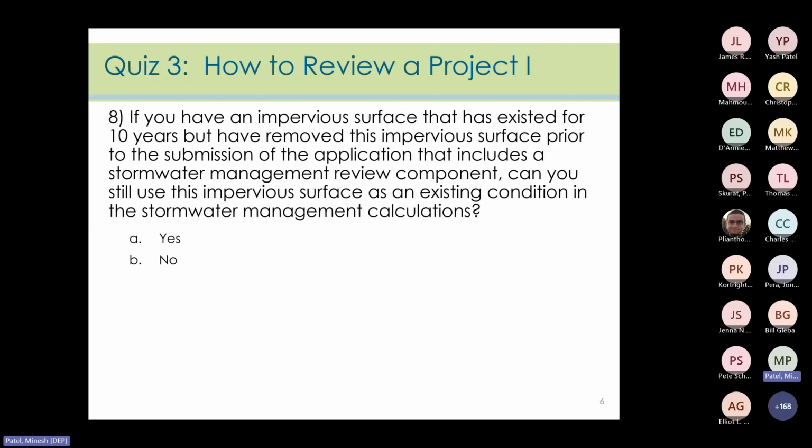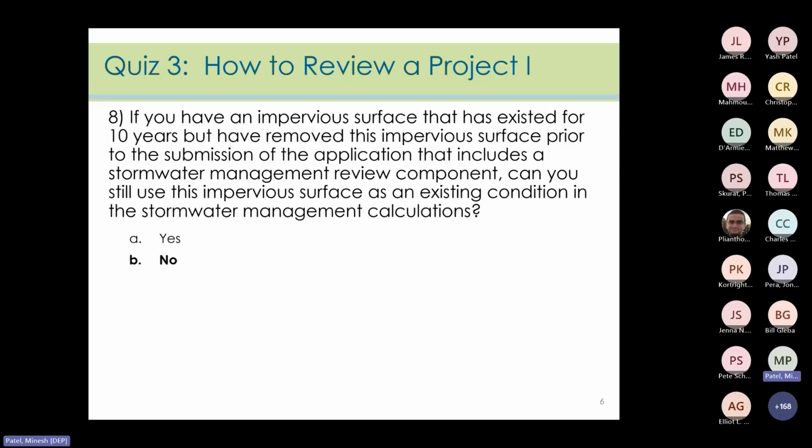Question 8. If you have an impervious surface that has existed for 10 years, but have removed this impervious surface prior to the submission of the application that includes a stormwater management review component, can you still use this impervious surface as an existing condition in the stormwater management calculations?